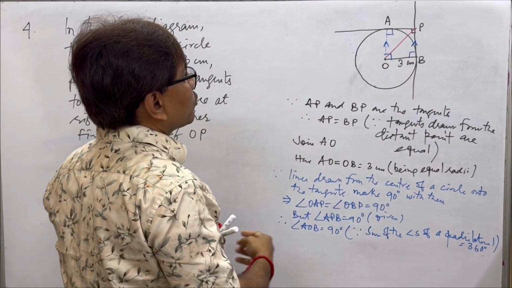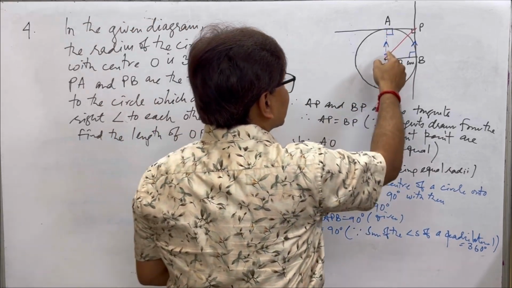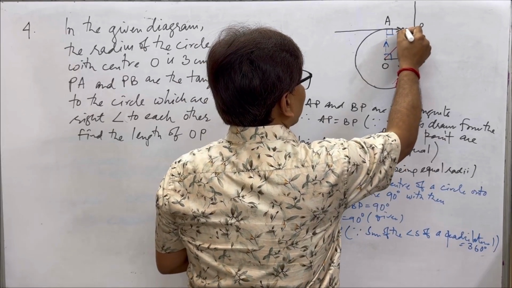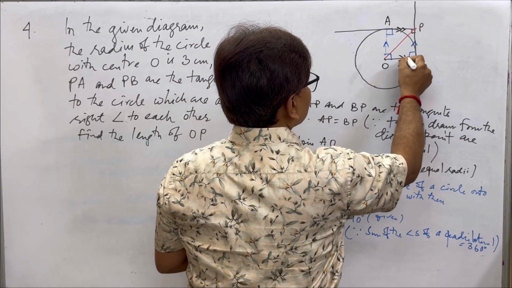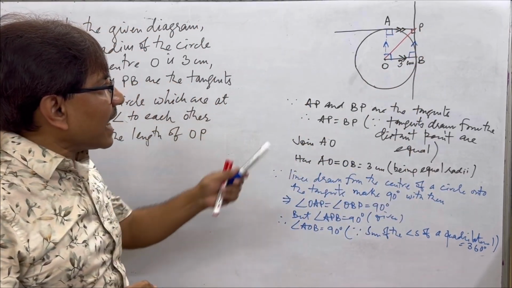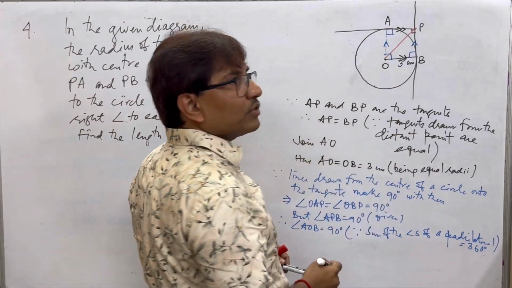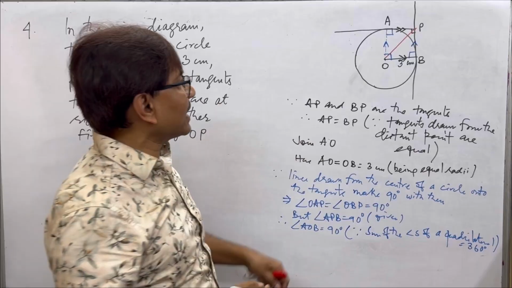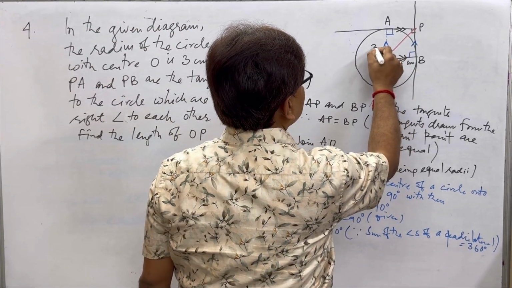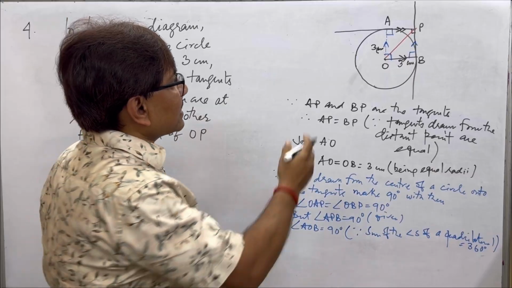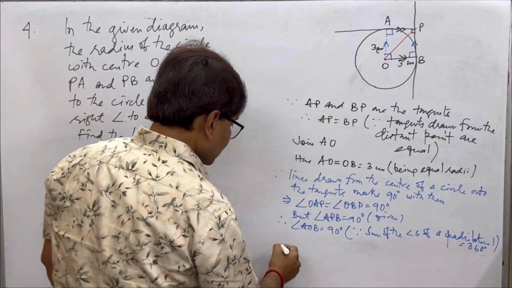Whenever we find this is 90 degree and this is 90 degree, we can tell this is also parallel to this one. The opposite sides are parallel, and even this one we know is 3 centimeter, this we know is 3 centimeter. So definitely it's nothing but a square.